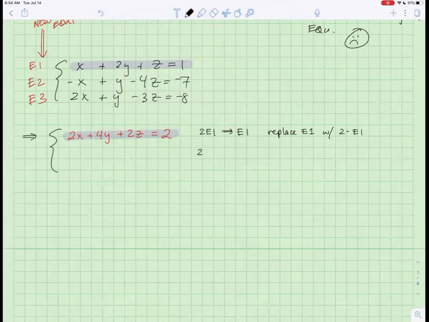I'm going to take 2 times equation 2 and make it my new equation 2. And this replaces equation 2 with 2 times equation 2. And that's going to give me negative 2x plus 2y minus 8z is equal to negative 14.